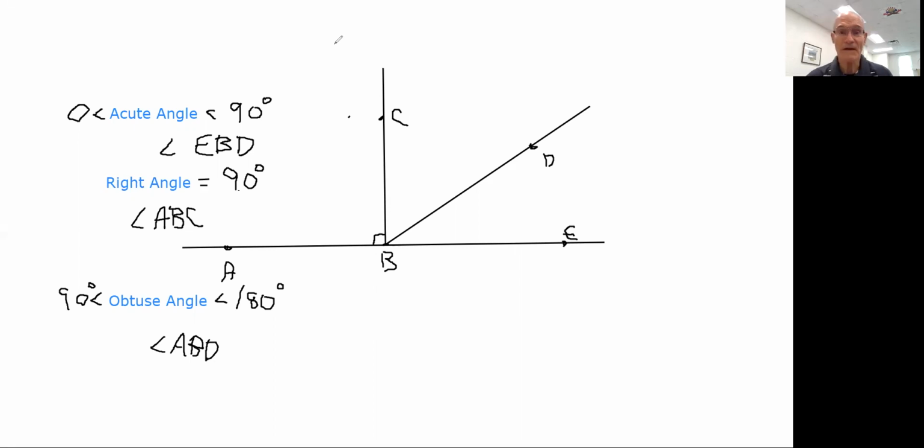So those are the things we talked about today. We talked about the characteristics of an angle, how you talk about its properties, and the different types of angles. If you look at your homework assignment, you basically have a figure, and it's asking you to identify different aspects of different angles.